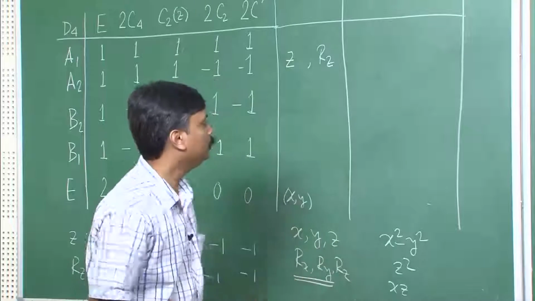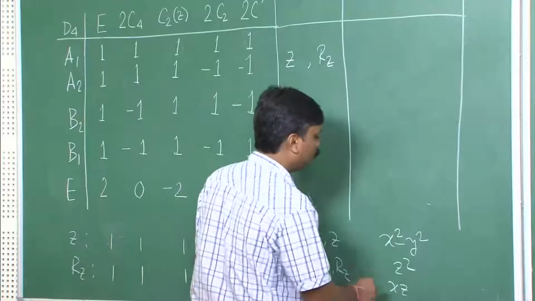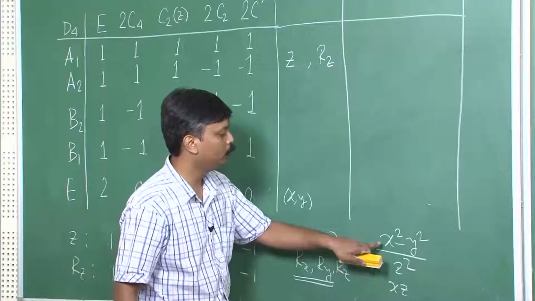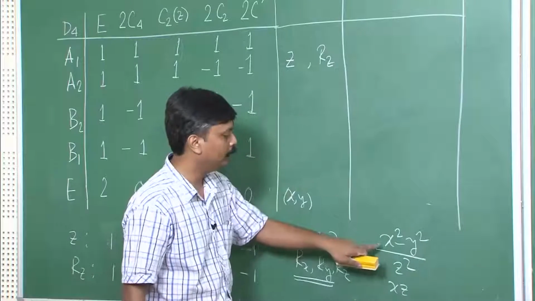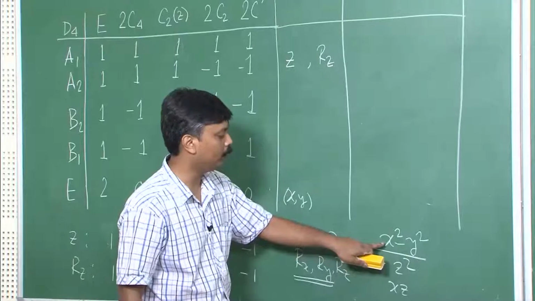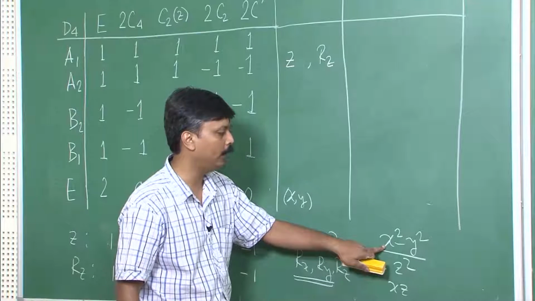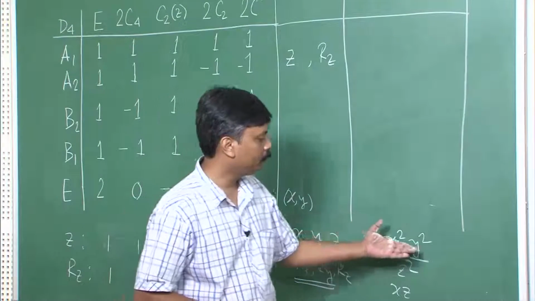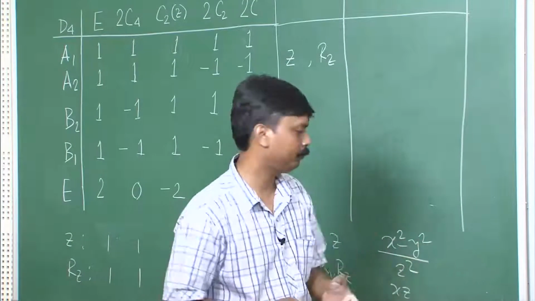Okay, so now suppose we want to find out to which IR this particular function x square minus y square transforms as. So this is not a very difficult thing. How?